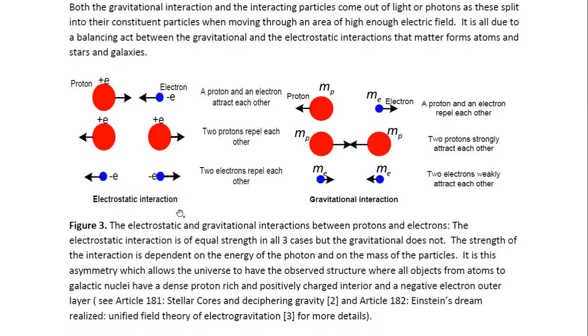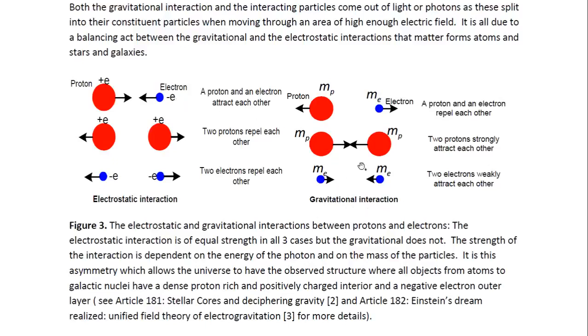So the electrostatic interaction causes protons and electrons to attract. It causes two protons to repel and two electrons to repel, and the strength of the interaction is the same in all cases. It's also described by a property called charge that protons and electrons have, and the proton is assigned a charge of plus E and the electron is assigned a charge of minus E.